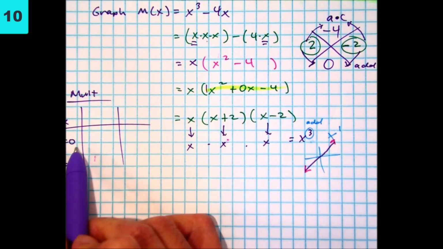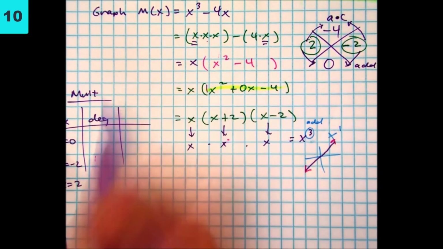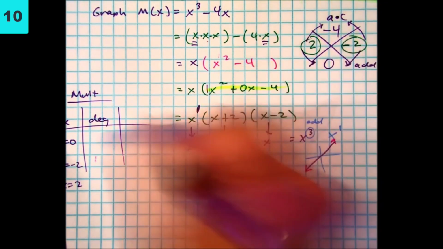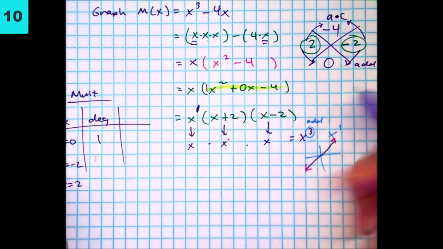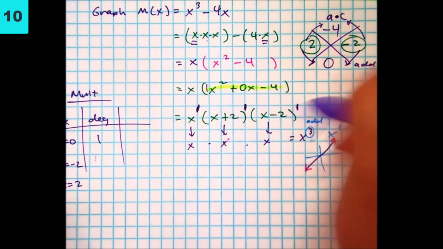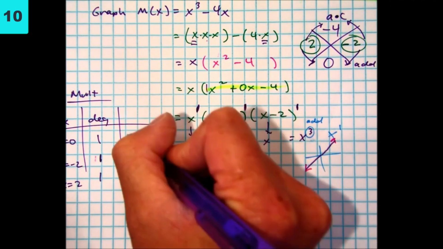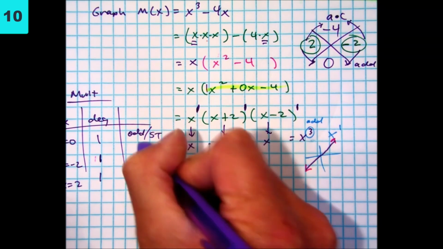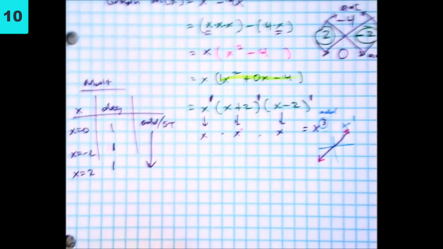What's the multiplicity, or the highest degree, at x equals 0? So there's a 1 right there. So 1. -2? And x equals 2. And all of those are odds, which means you're going to shoot through the x-axis.